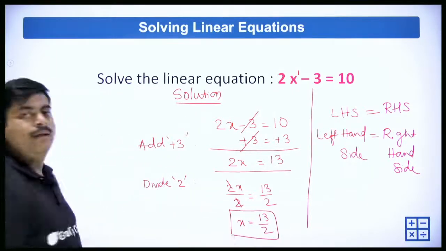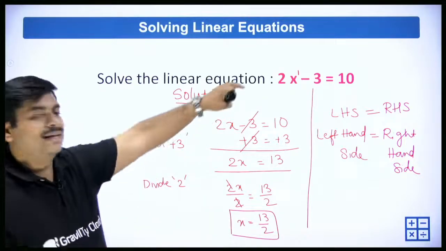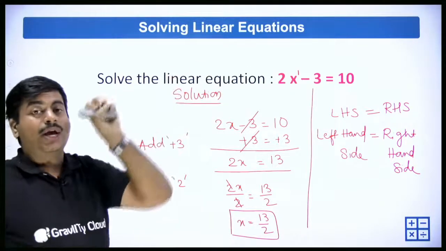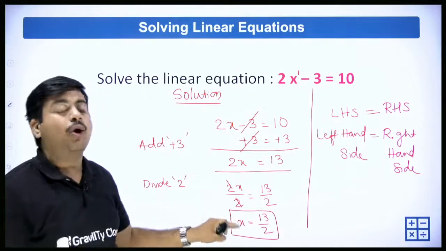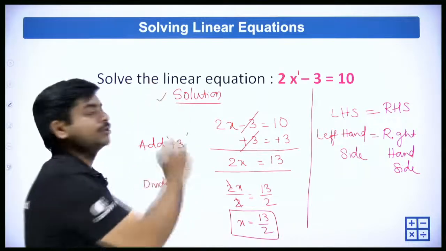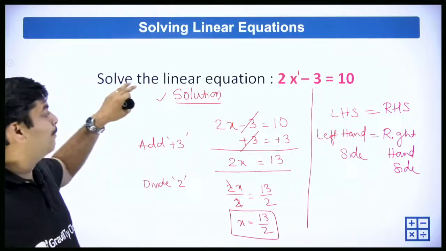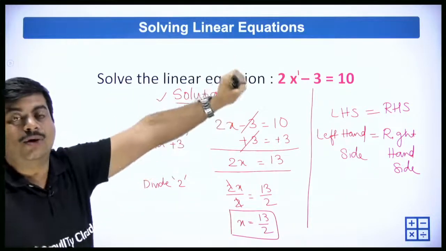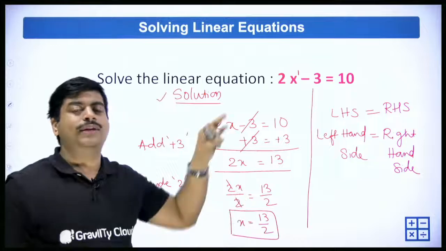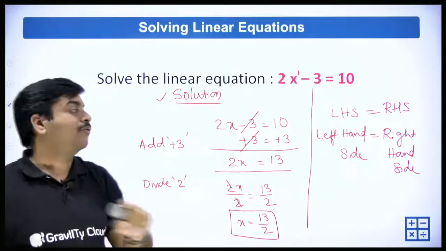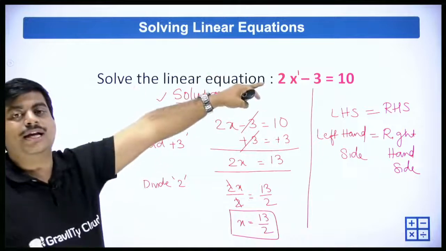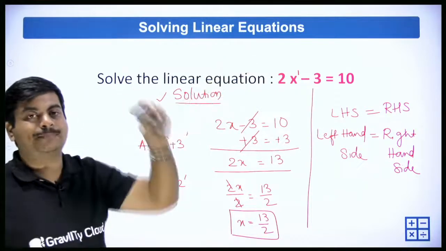So that is how you calculate the value of x. The value of x which we get finally is called the solution of the equation. Solve means finding the value of x or finding the solution of the equation 2x minus 3 is equal to 10.